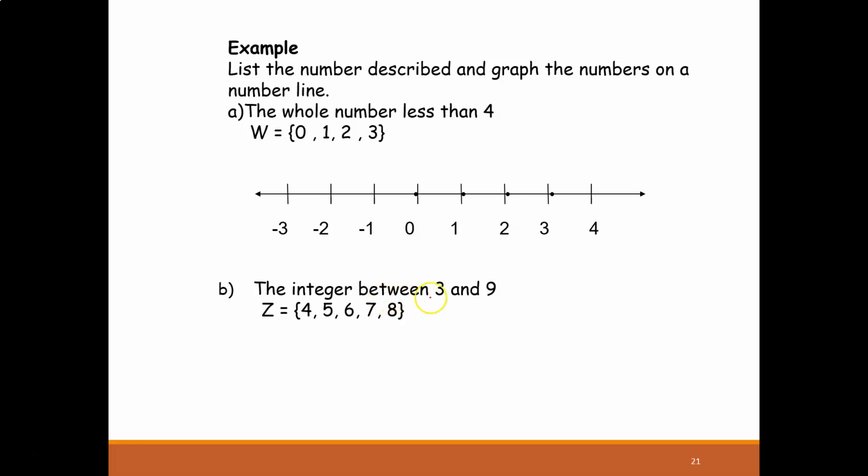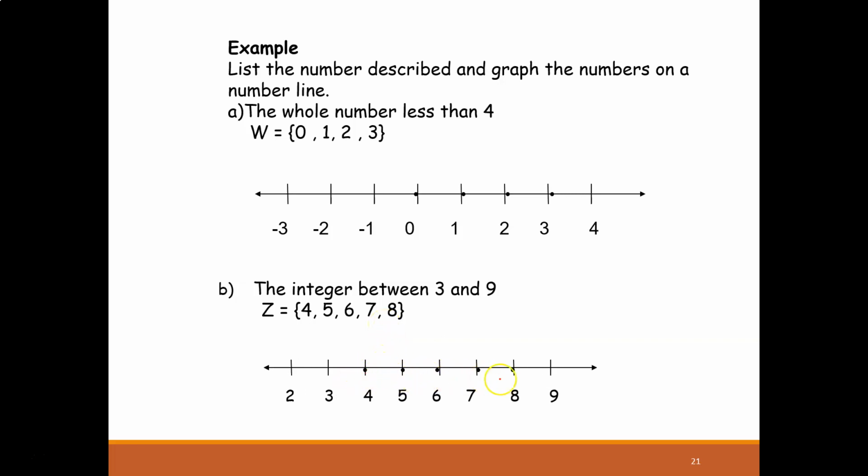Okay, the integers between 3 and 9. So the integers between 3 and 9, we will start with 4, di antara 3 dan 9. So tidak termasuk 3, okay? It will start from in between, which means it does not include 3 and 9. So we have 4, 5, 6, 7, and 8. So that's it.